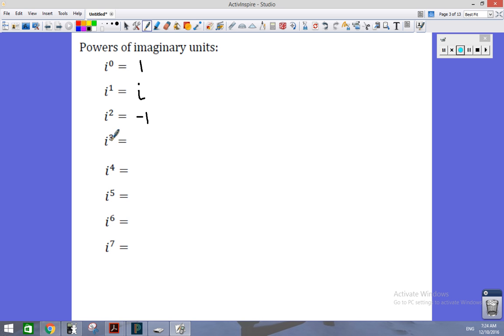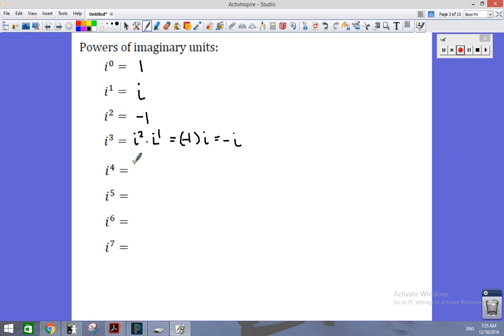Now when we look at i to the third power, why not just use the previous answers and look at it as i squared times i? Because we know with properties of exponents, when the bases are the same, you simply add the exponents. Well, we know that i squared by definition is negative 1, and that negative 1 times i is going to give us a negative i.